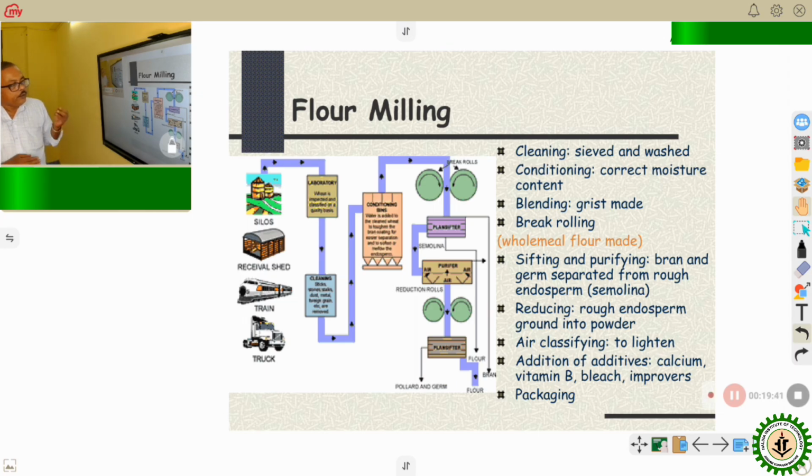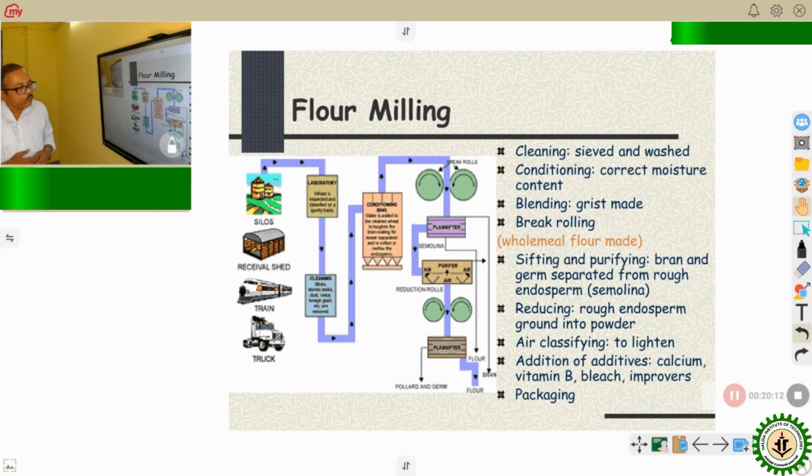Secondly, the grain becomes softer and the bran becomes stiffer by this tempering operation. So the bran is not fragmented during milling. If the bran is fragmented into smaller size particles, then separation of that bran portion becomes very difficult, because there is no such way by which a flour particle, which is tiny in nature, can be separated from another tiny particle, bran.